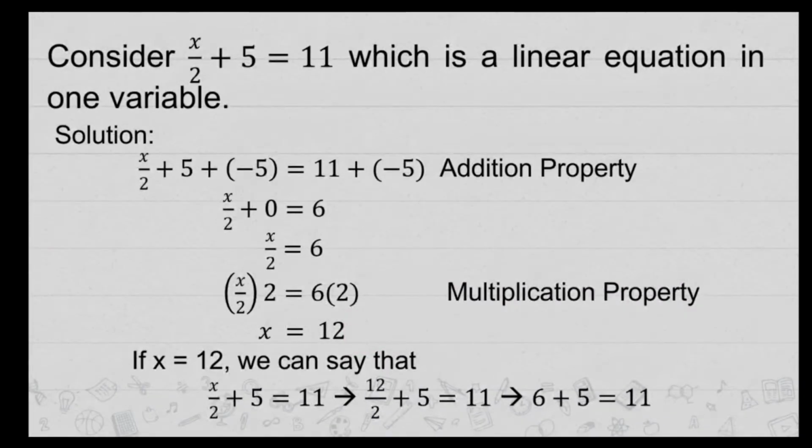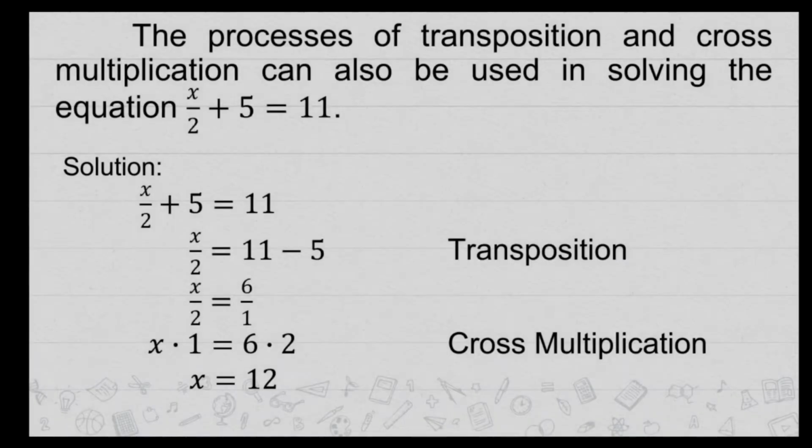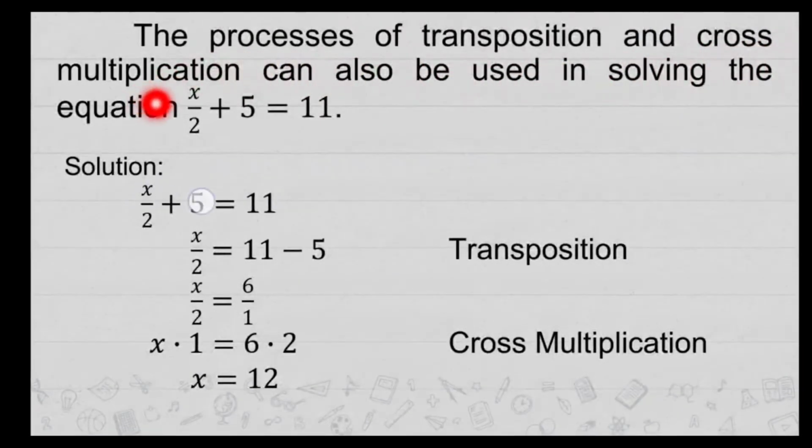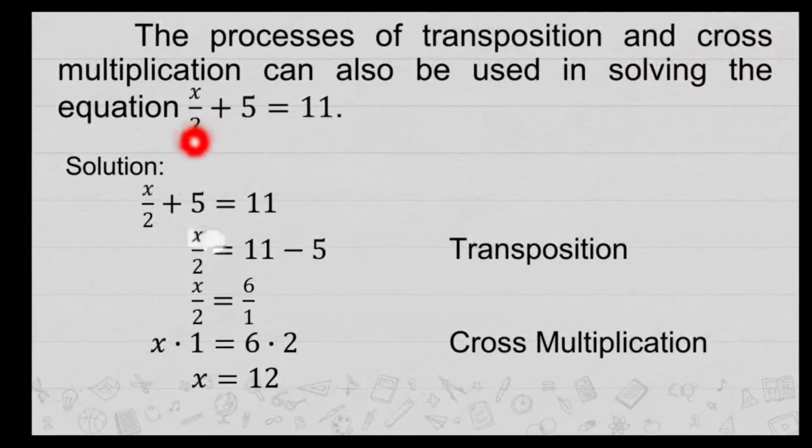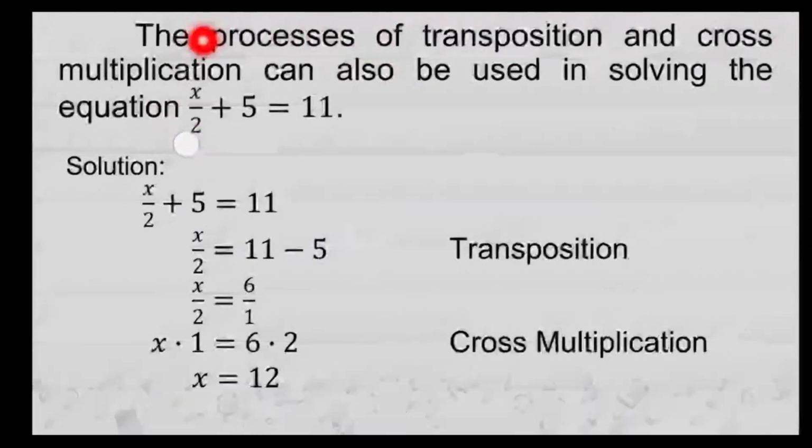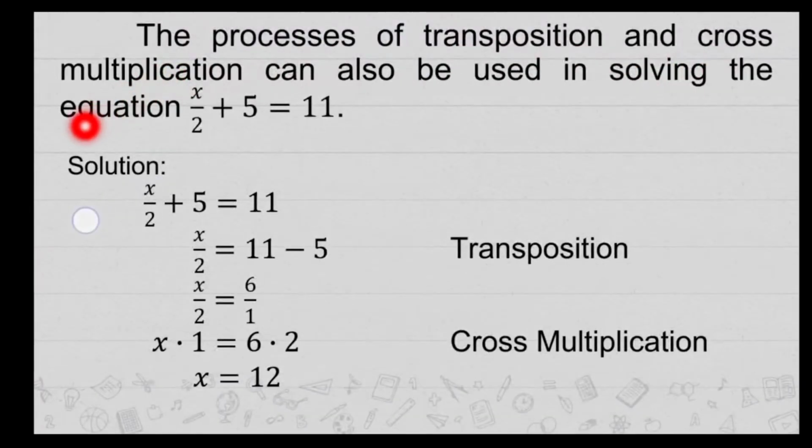So that is our first process. But we have another process. As you can see, the processes of transposition and cross multiplication can also be used in solving the equation. So let's solve this equation using transposition and cross multiplication.